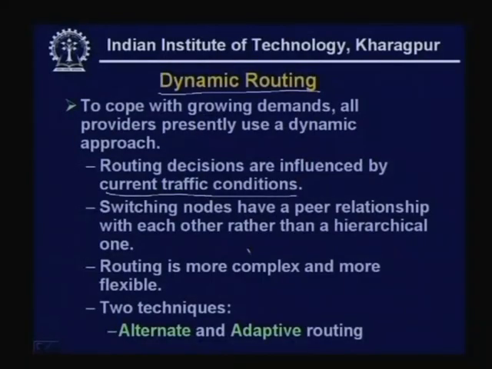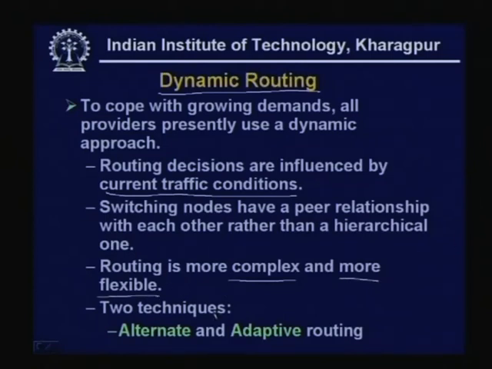They exchange information to find out the traffic conditions and other things, and based on that the routing is done. Routing is more complex and flexible, and obviously it will be complex since it is not fixed, it is based on the current conditions, and it has to tackle the catastrophic or special situations. However, it has to be more flexible as well.